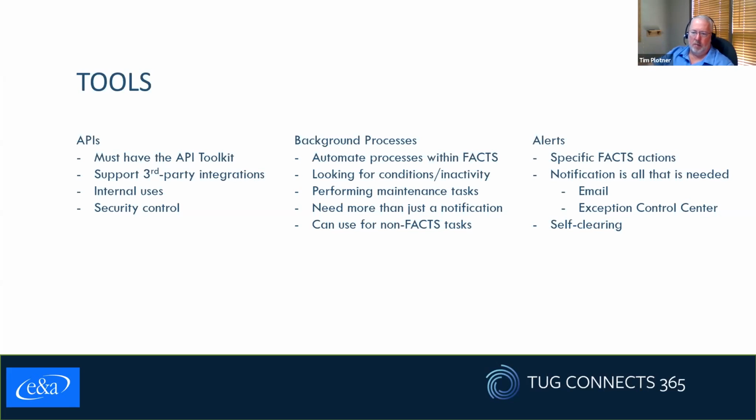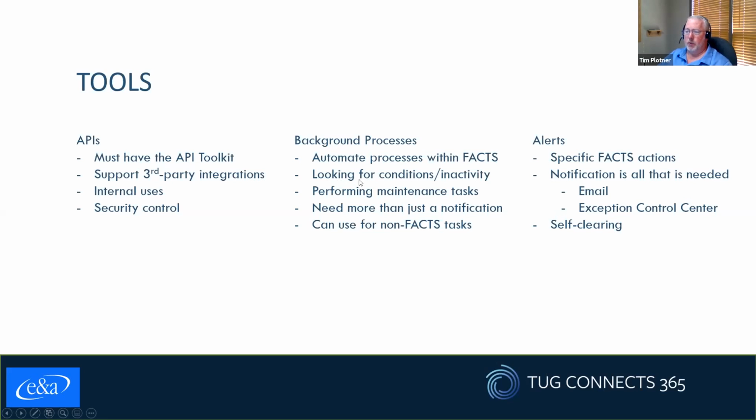Well, we introduced a background process that automates those things. You can say how many months you want to keep of each of these types of things, and the background processor runs on a scheduled timer and purges that data for you without you having to do it yourself. So automating processes within FACTS is something that the background process does.